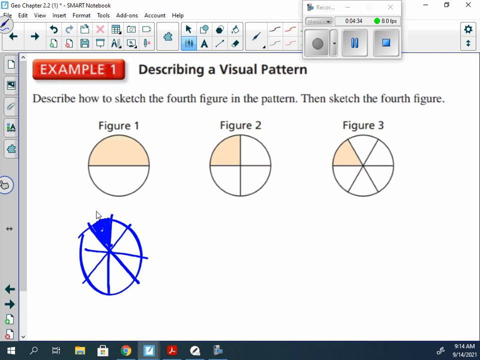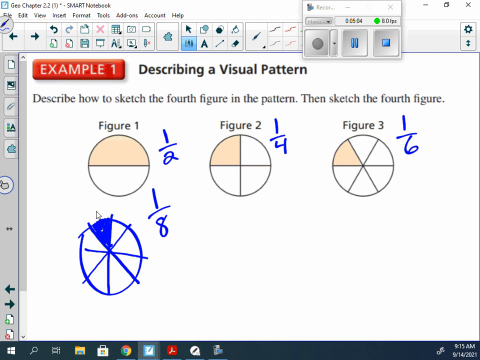Because we have a half, a fourth, a sixth, an eighth, and then the next one would be probably a tenth, because it's kind of going in even numbers.